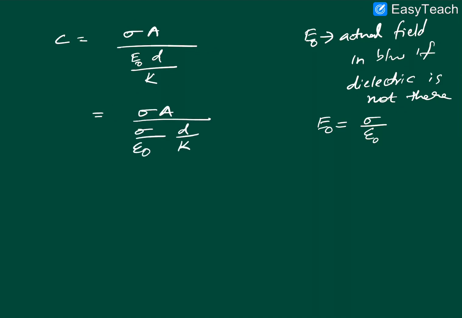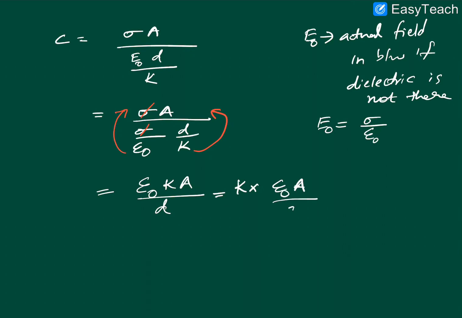Then D by K is there, isn't it? Now you can see that your sigma will get cancelled with this sigma, and epsilon 0 will move to numerator, K will move to numerator. So what you will get? You will get epsilon 0 K A by D, or you can write it as K into epsilon 0 A by D. This is C.